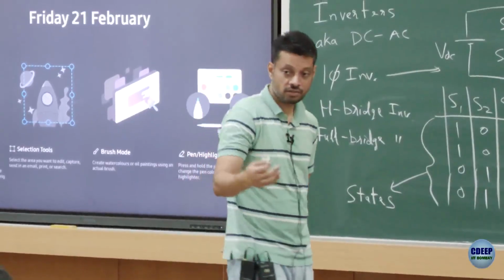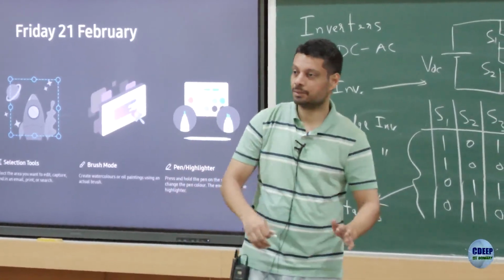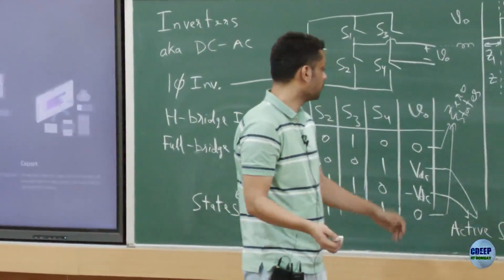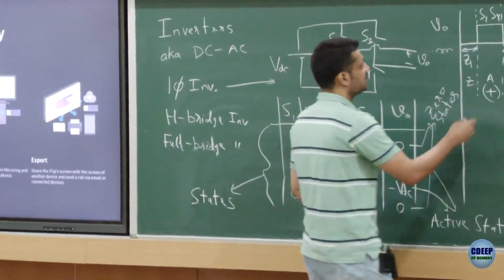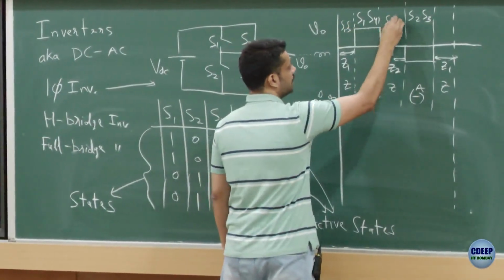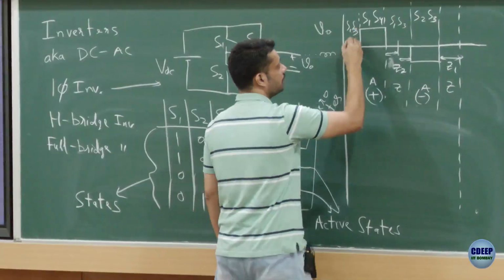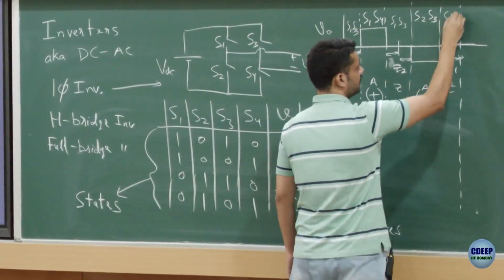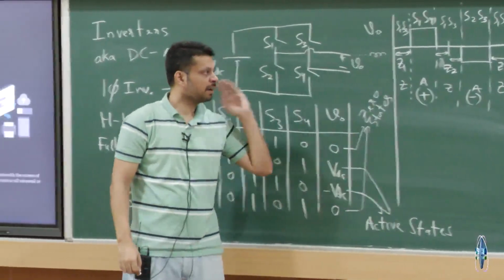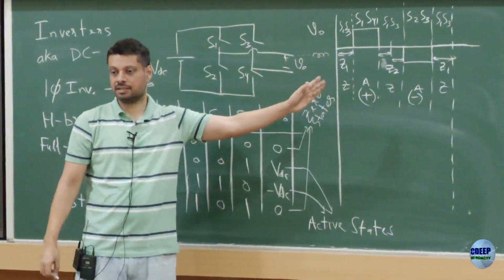Okay, you mean switching losses? Yeah, there are two losses, right? One is switching loss, one is conduction loss. So, okay, let's try. You are saying you want to use only the first state S1, S3. So hypothetically S1, S3 here, S1, S3 here, and S1, S3 here. That's what you mean? This is one power cycle, right? This is 20 millisecond.